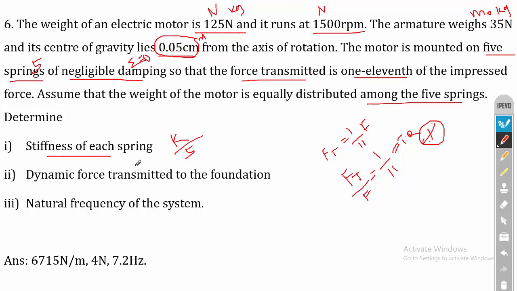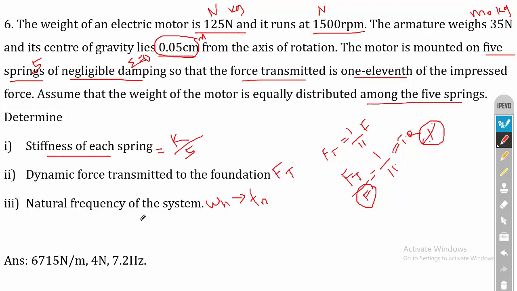So K by 5 will give you the stiffness of each spring. Then the dynamic force transmitted to the foundation, that is Ft. Okay, so Tr is given, F you can calculate, substitute the value of F and calculate the Ft. Then finally the natural frequency of the system omega n, and from the omega n calculate the Fn.